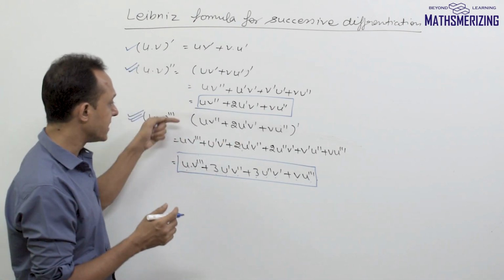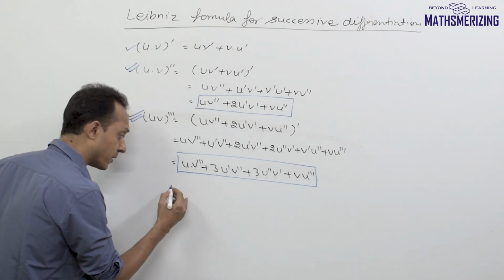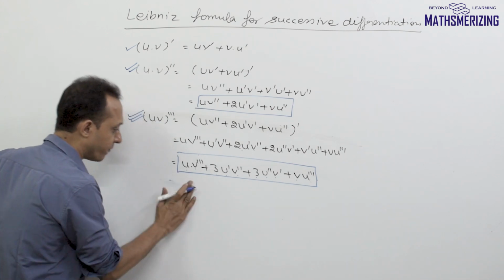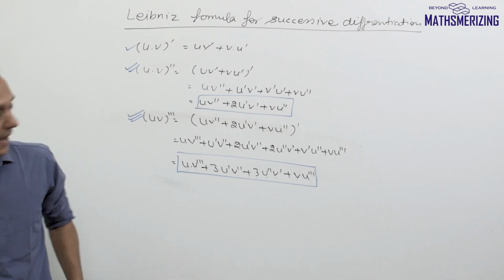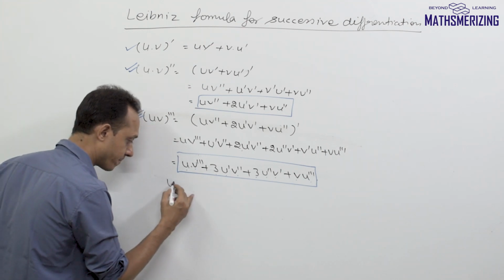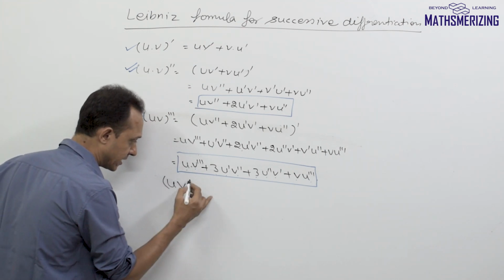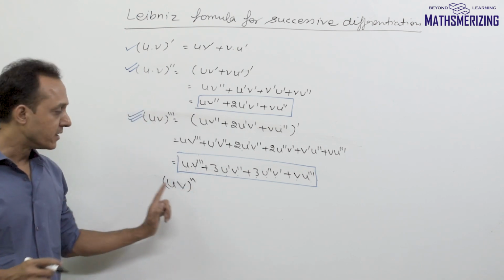So if we generalize this formula, the general form will be, if I have to find the nth derivative of u and v, here when I'm writing this part, it actually means its nth derivative.